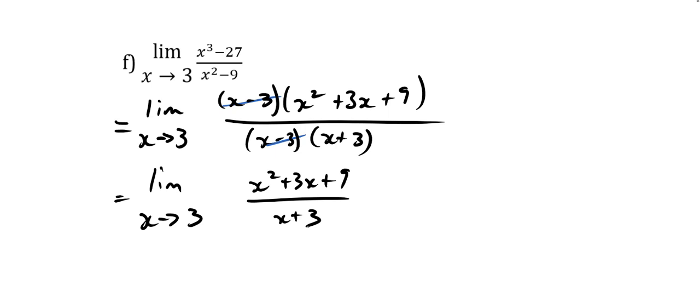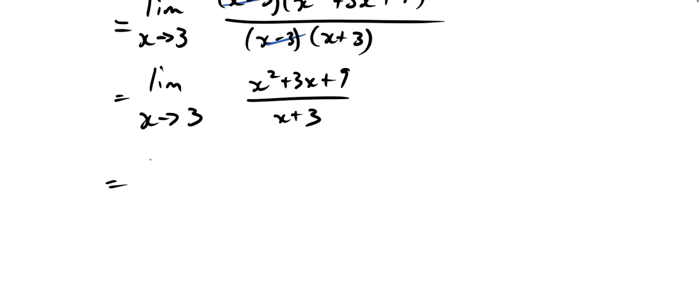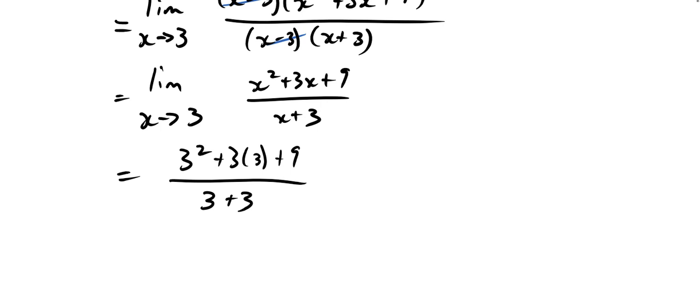What about now? Am I going to get 0 over 0 again? I suppose that might be possible, and then you'd have to do more work. But I think in this case we're fine. So let's sub 3 in. So it's 3 squared plus 3 times 3 plus 9 over 3 plus 3.